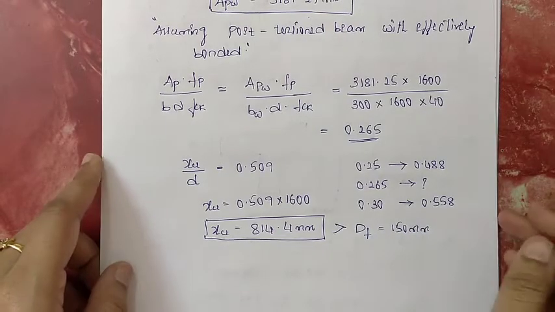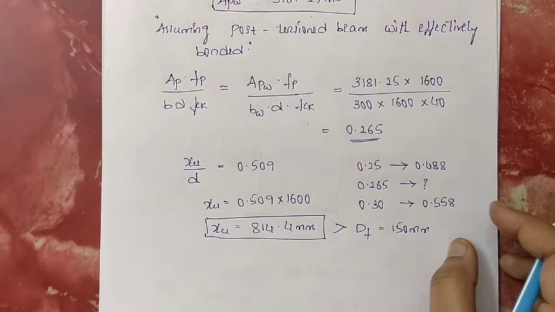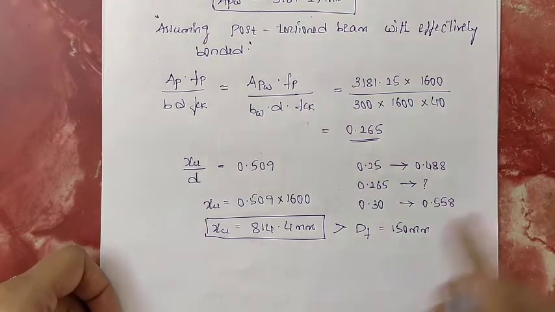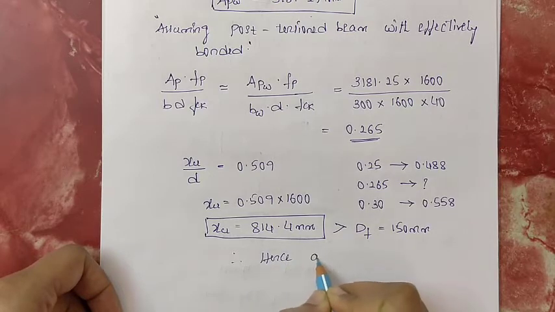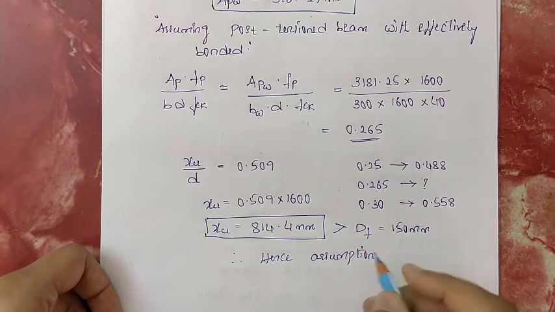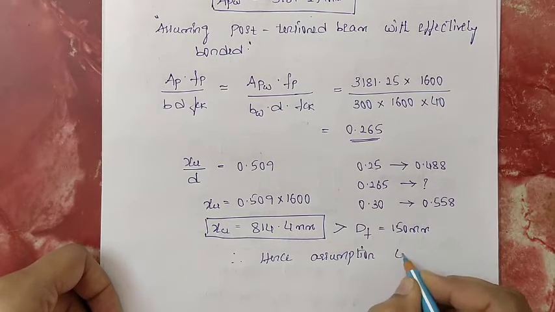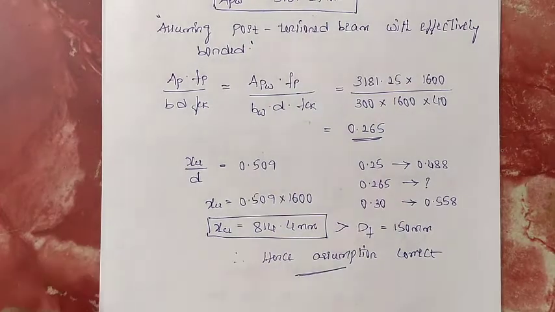So what assumption have you done? Neutral axis lies within the web portion. It is correct, therefore hence the assumption is correct.